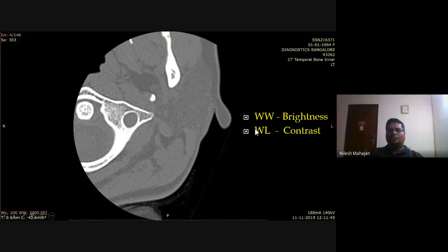It has to be in some specific window settings only, then only your scan will be more informative to you. Or else if you keep it in some different setting, it is possible that you may miss the structures, or you will not be able to see the scan properly. Then here you can see the T means thickness, it's 0.6 mm.